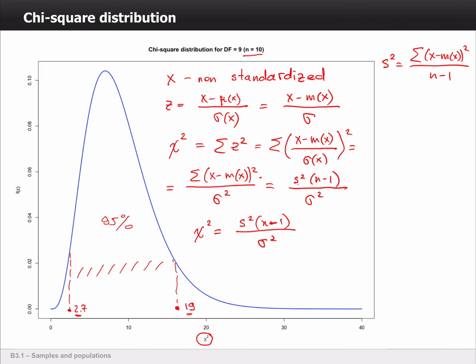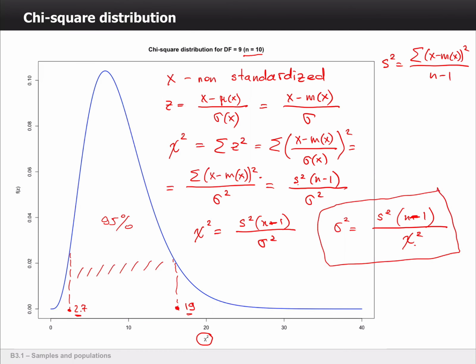You can write sigma squared equal to s squared times n minus 1 over the chi-squared, okay? So if we take the smallest possible value, for example 2.7, we get the largest possible variance for the population. And if we take, for example, 19, we will get the smallest possible value for the population. So that's how to calculate the confidence interval, okay?